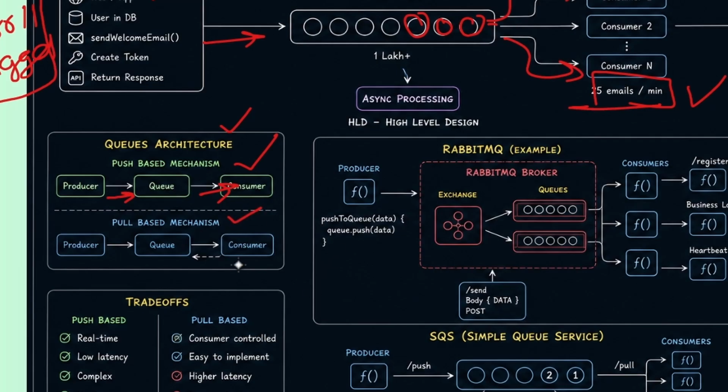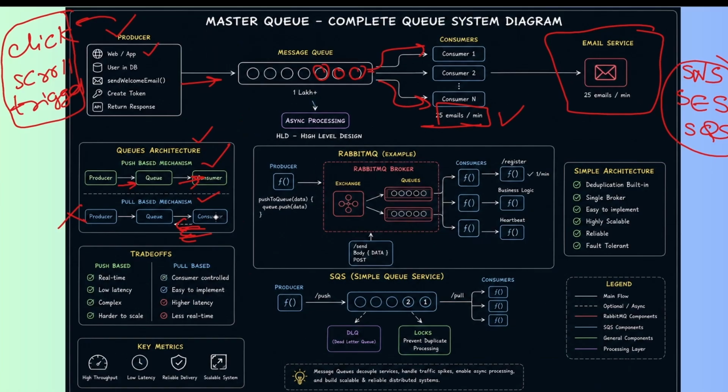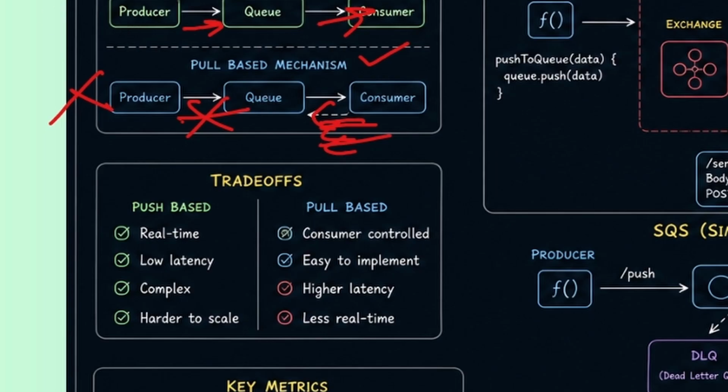In pull based, the consumer is always trying to pull from the queue, checking whether there is any data. I actually do not recommend the pull based mechanism, because you are wasting the consumer's resources, always asking the queue whether it has any data, even though the producer is not producing any data.